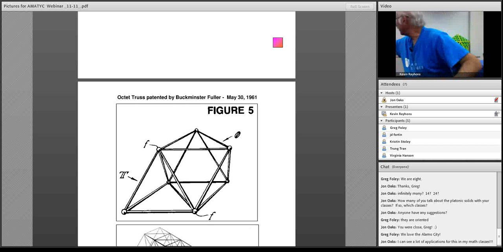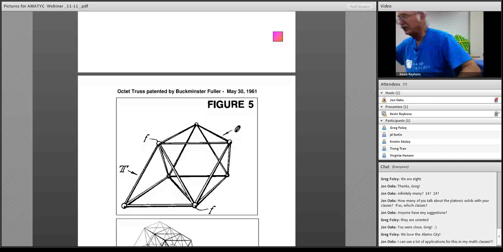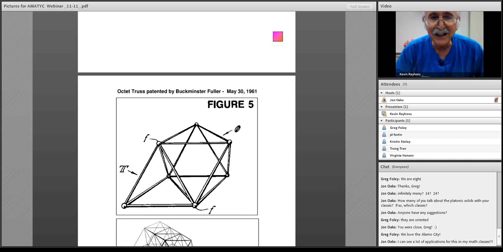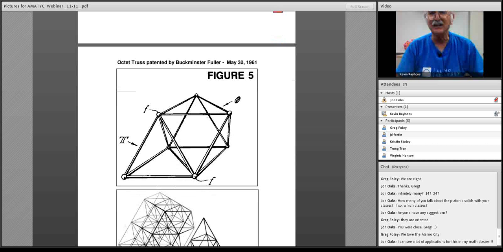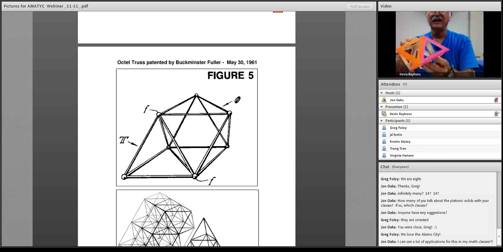Hand me that little guy right there with the 2 colors on it. He had patented this construction as something for a structural system. So here's what he patented. It's exactly the same thing, if I turn it the right way, as what is on there. That was in 1961.